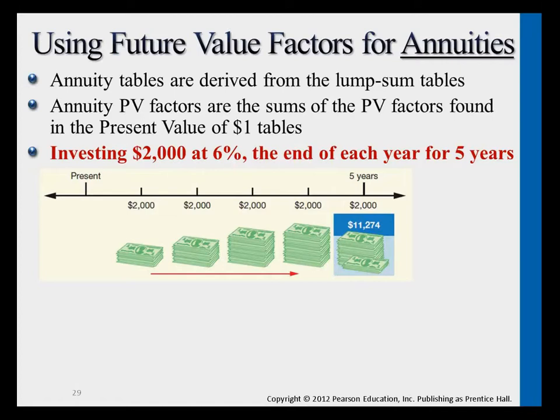It's installments. At the end of each period, we pay $2,000 for the duration of five periods. How do we derive this 11,274? We said it's at 6%, investing $2,000 at the end of each year. So it does sound like an annuity. At the end of each period, we pay a set amount of money, the same as the previous period.